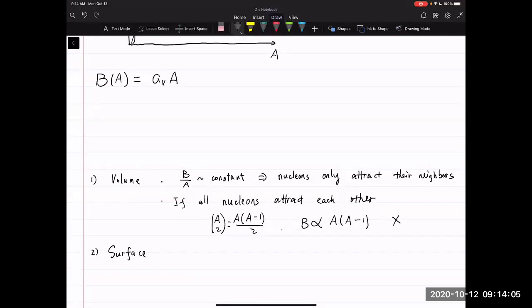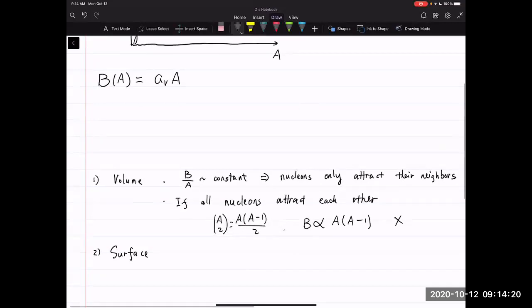So when we assume the binding energy is proportional to the overall volume, we are overestimating the interaction, or the energy, for the nucleons at the surface. So we need to subtract a surface term away, and the coefficient is a sub S.